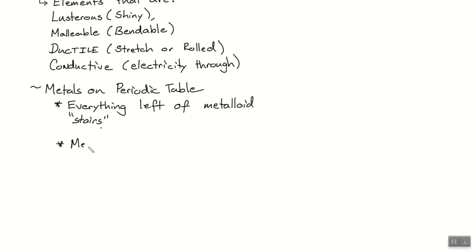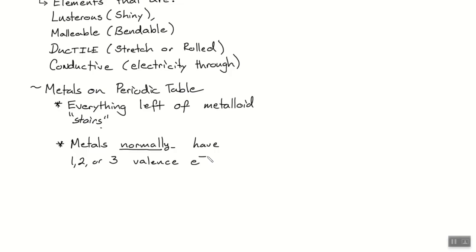Metals normally, I'll underline that, that's what allows us to not be lying here. Metals normally have 1, 2, or 3 valence electrons.